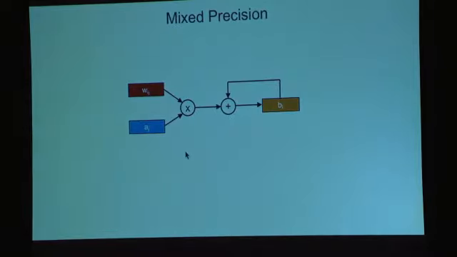So let's talk about precision. Here is the core operation that we want to do in a deep neural network. I want to take a weight ij, multiply it by input activation j, produce an intermediate product, accumulate that intermediate product, and store it as an output activation.